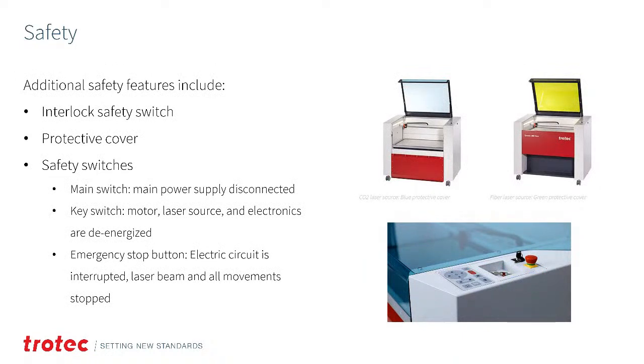Additional safeties include interlock keys, safety switches, protective covers, main power detection, and key switch motors. Laser sources and electronics are de-energized with the key switch. There are emergency stop buttons on some of the machines. The electric circuit is interrupted in the beam, and all movements are stopped if the emergency stop button is pressed.